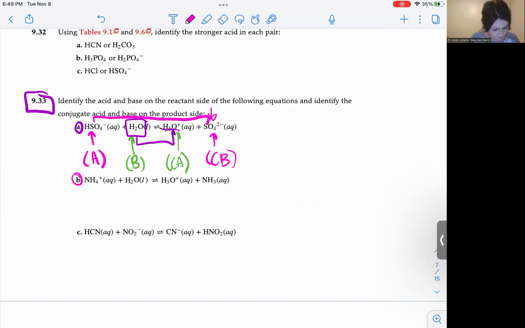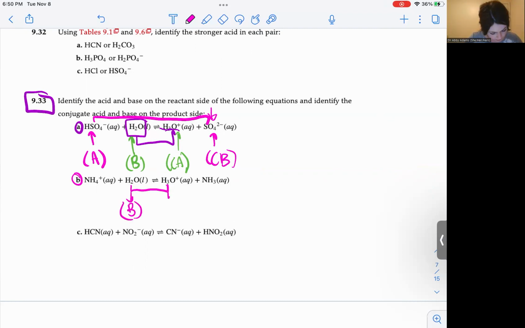So B. All right, so we have this protonated species, and we have water, so we can do water first. So, all right, water, once again, as a base, water has picked up a proton.